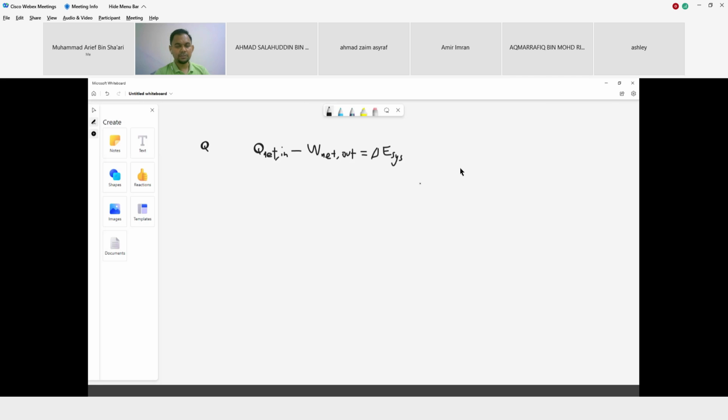Kalau kita kembangkan equation, Q ni tak payahlah kembangkan because we need to find this Q. So this Q equal to W out plus delta E system.